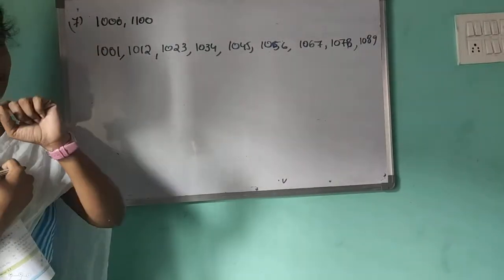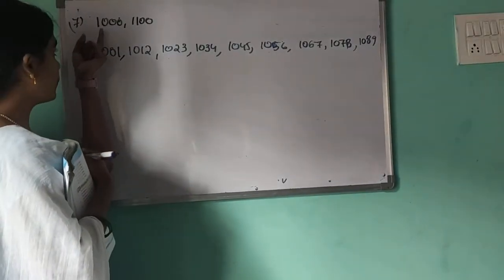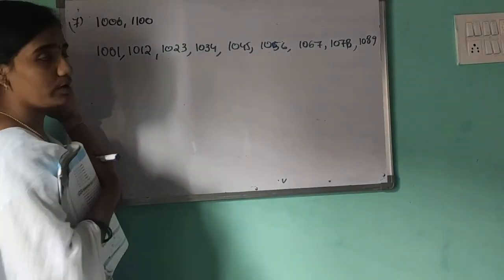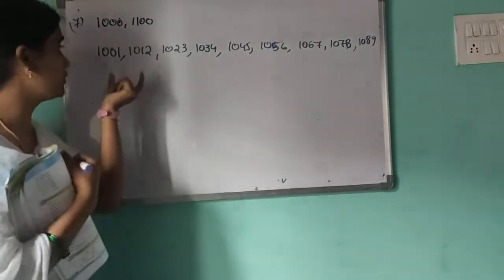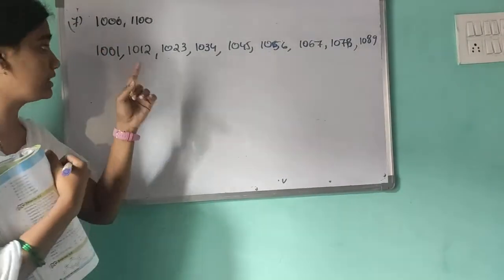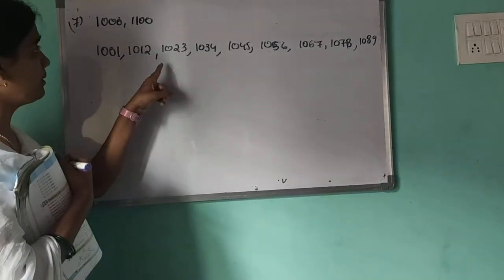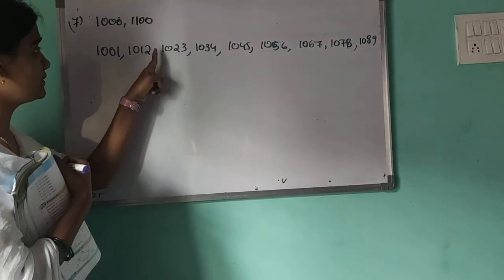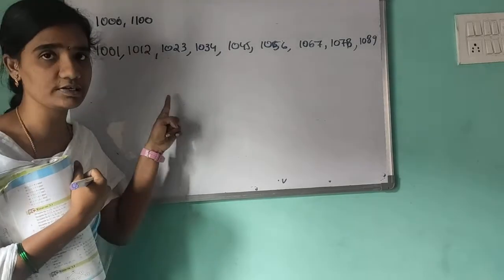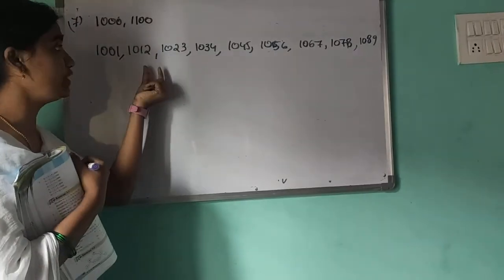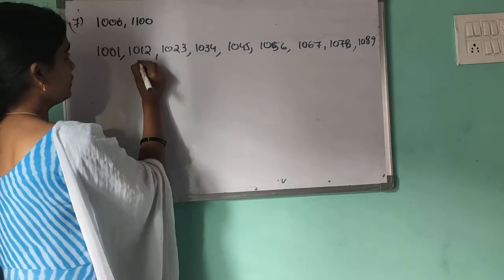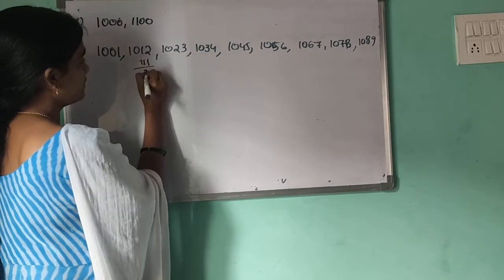Why? I will explain clearly. Here 1001 is divisible by 11, absolutely. I will explain one more clear method. 1012 and one more 1023. By adding 11 to the last two digits, for example, here adding plus 11, we will get 23.